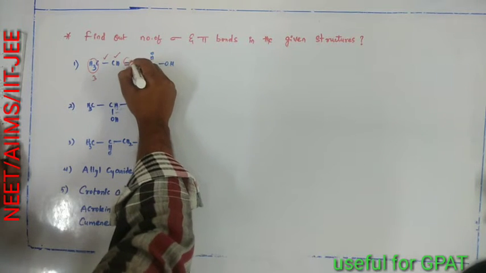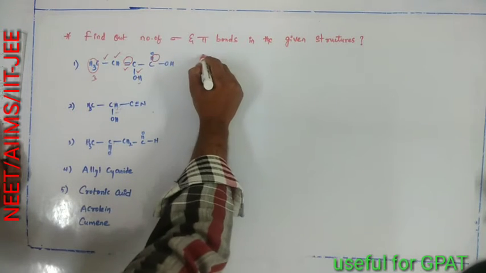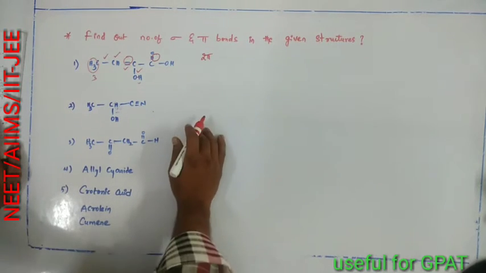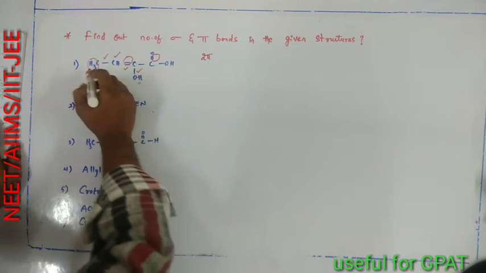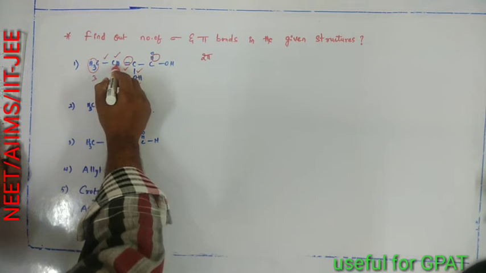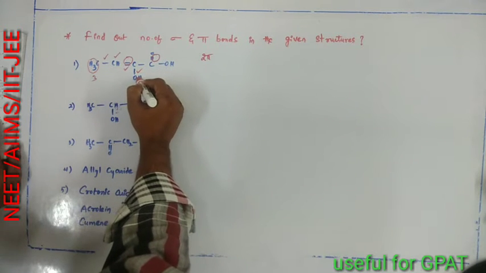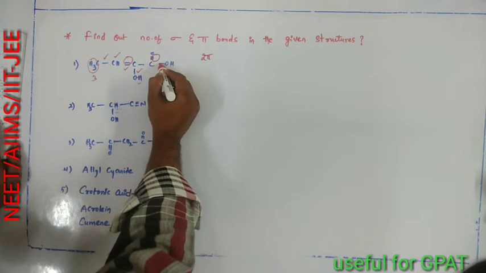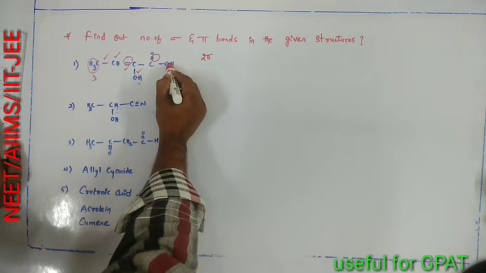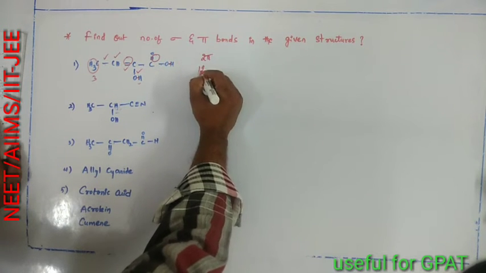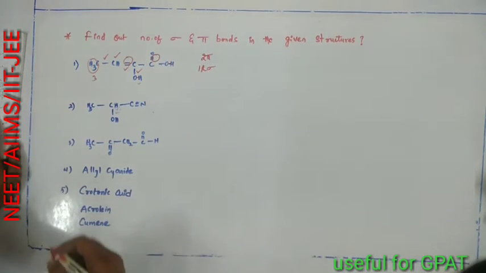Here a pi bond and here also a pi bond, so two pi bonds are present. The number of sigma bonds: 3, 4, 5, 6, 7, 8, 9, 10, 11 and 12 between oxygen and hydrogen, so 12 sigma bonds and 2 pi bonds are present in the given structure.